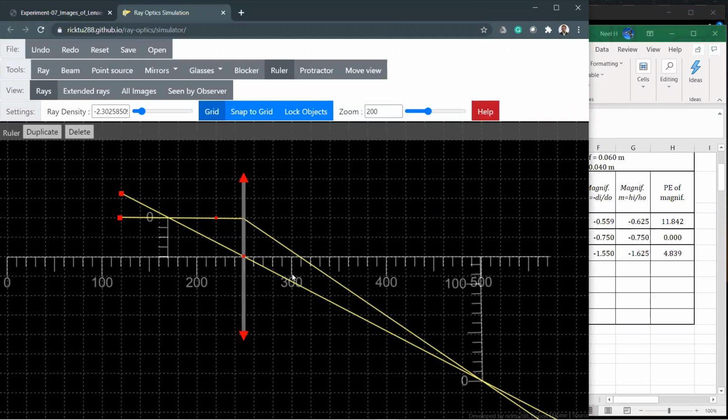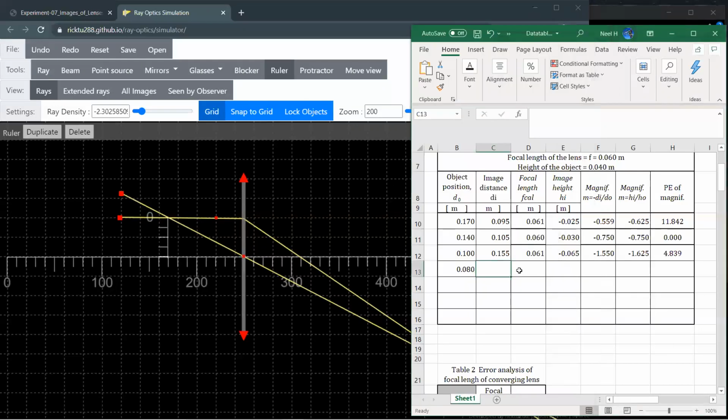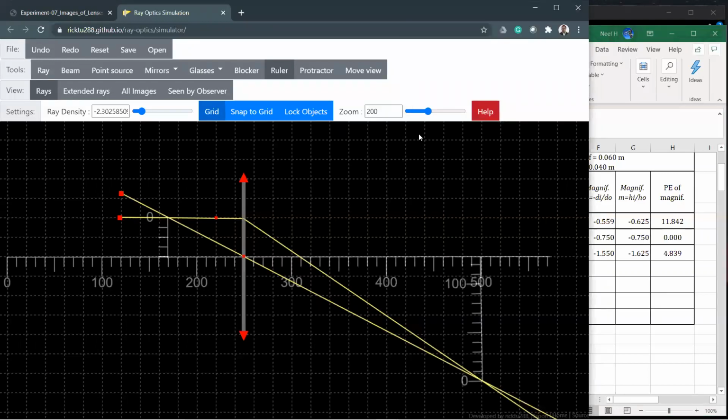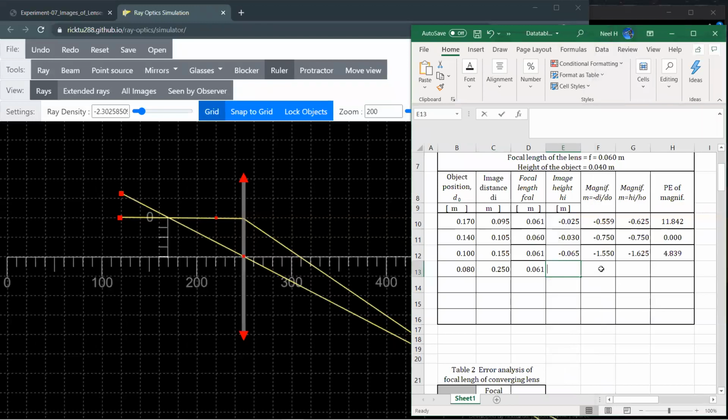Now this is 5, 10, 15, 20, about 25 centimeter location, 0.25. Let's check the focal length, good. And the image size is now 5, 10, 13 centimeters, but negative 0.13, it's much bigger. Let's check the magnification. Good.